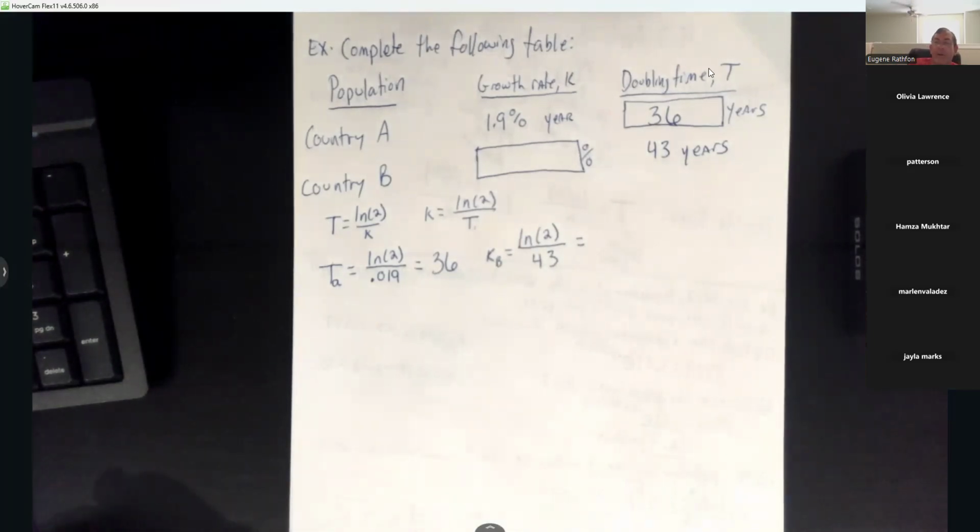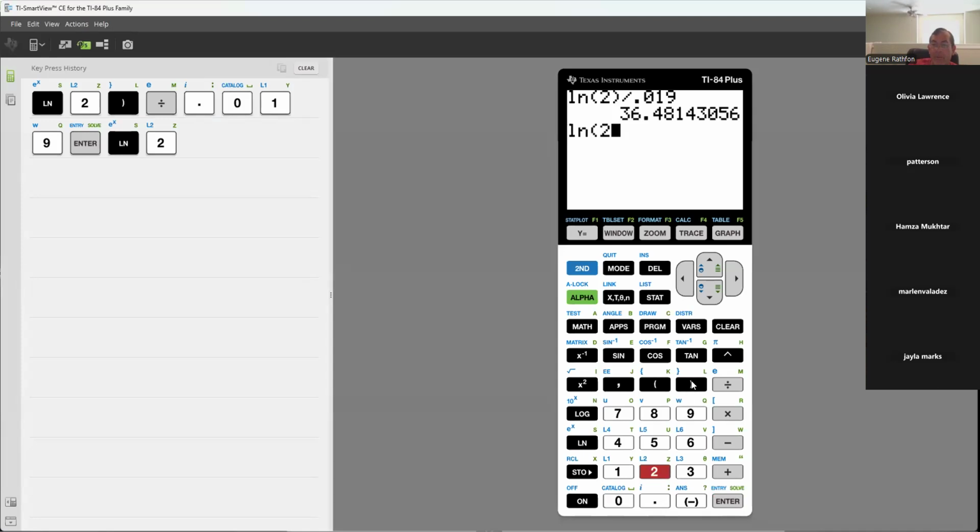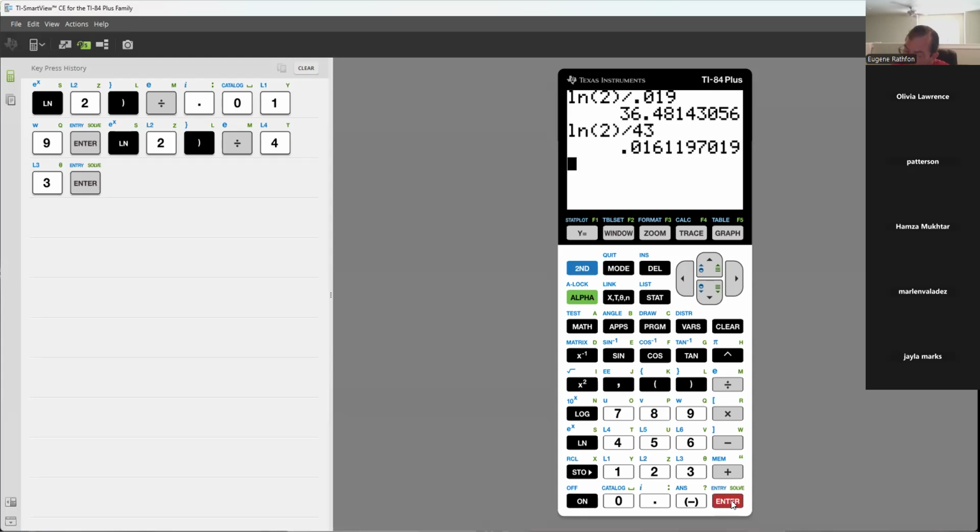Let's figure out what that gives us. I'm going to do the ln of 2 divided by 43 years, and I'm getting 0.0161. I'll just go out a few decimal places there.